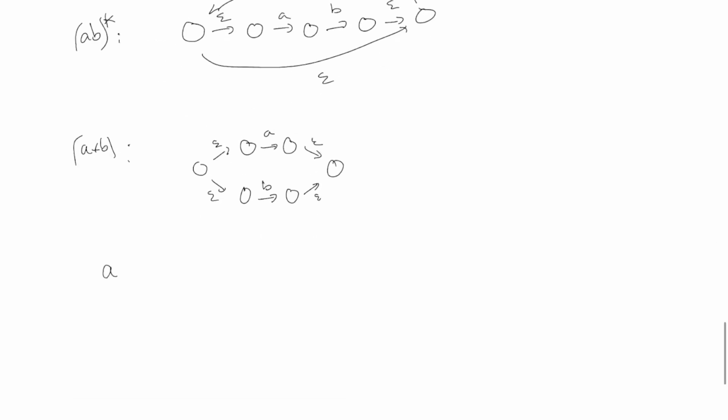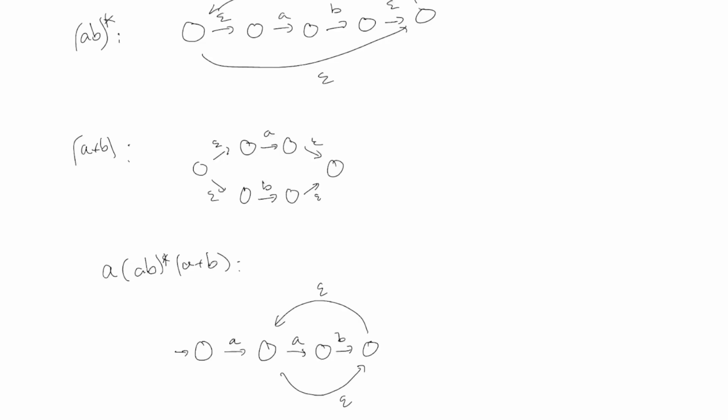So for A, AB star, A plus B, my starting state goes A, and then this is AB star, so I'll go A, B, like that. Now I wrote this using fewer of the epsilons.